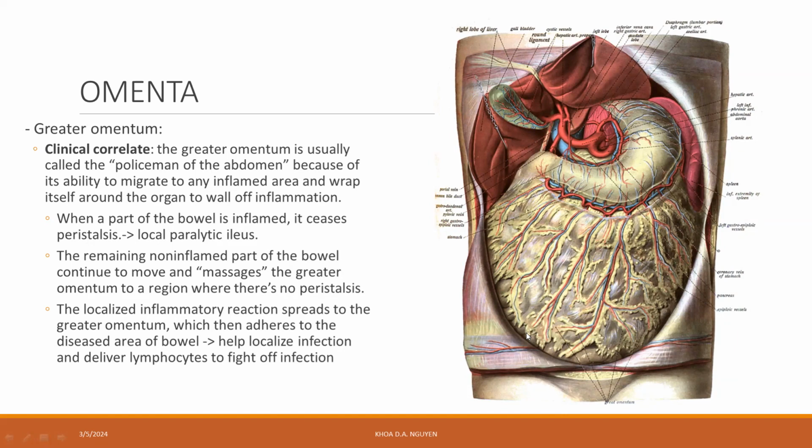This process is actually quite complicated, but you can read more here to find out. But remember this, guys, the greater omentum is usually called the policeman of the abdomen because of its ability to surround an inflamed organ and to wall off that organ from further spreading the inflammation elsewhere.